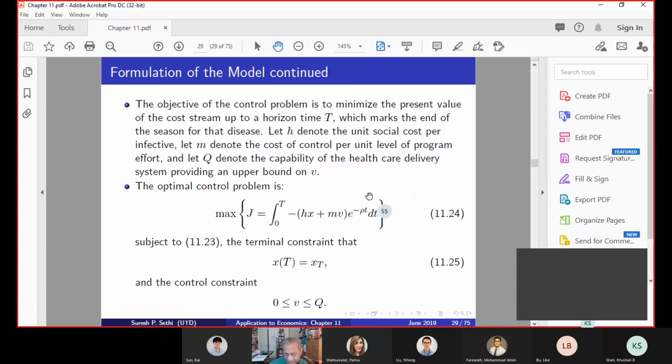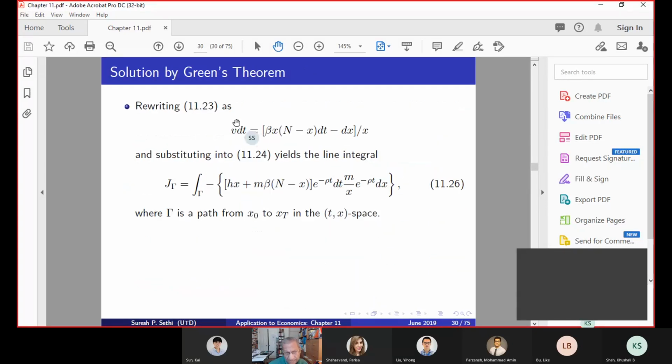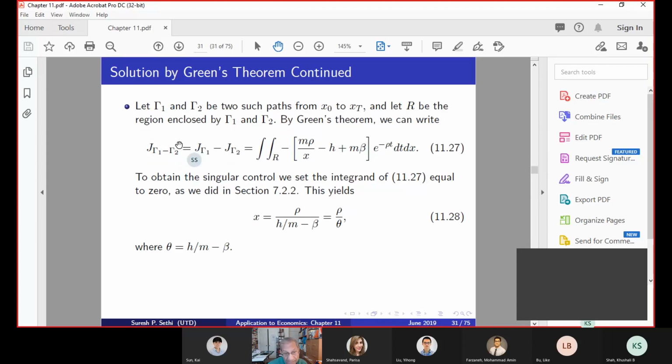So you can see this is now something I can do VDT. I can convert that to a line integral, just like we did in chapter 7. And then once I have a line integral, I can use Green's theorem. I get the integrand I, and I set that equal to 0. I get x bar. Okay, so I have my turnpike.